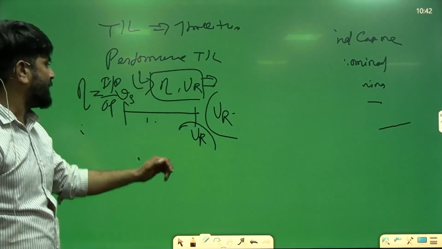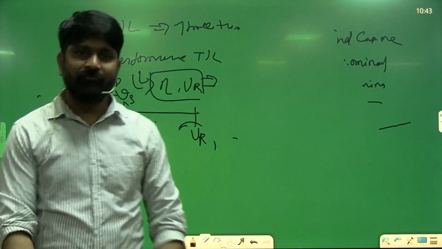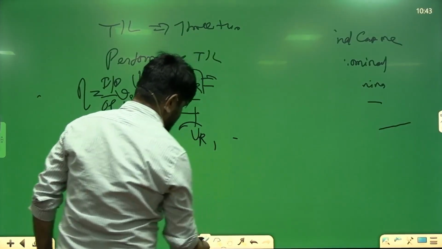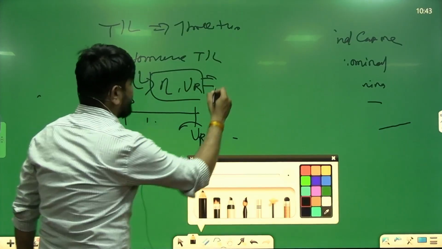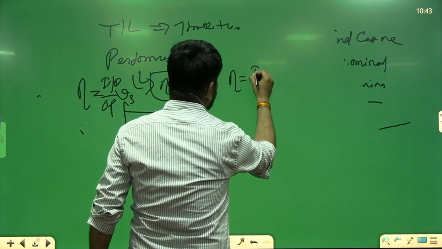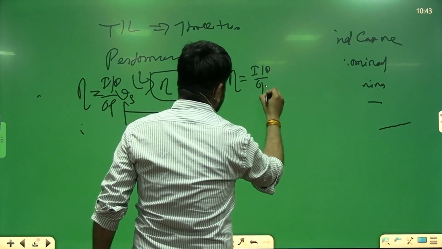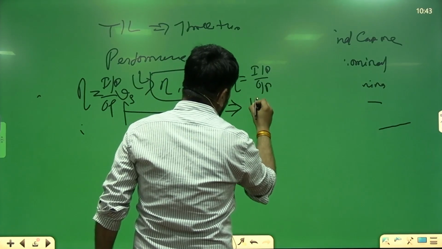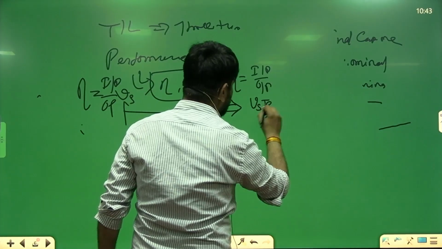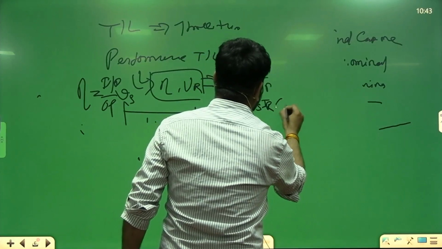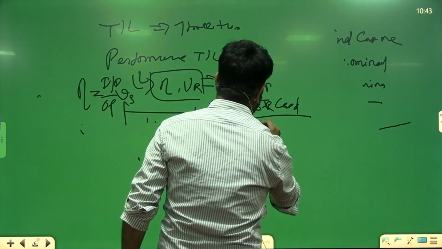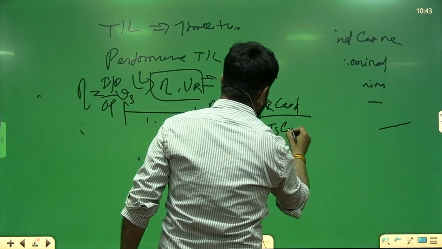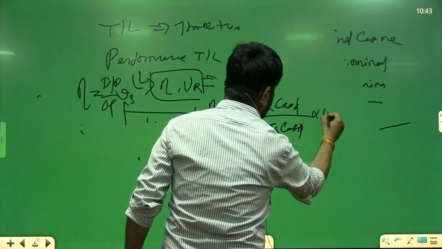What is that formula? Efficiency is equal to output by input, and we can say that efficiency is equal to Vr Ir cos phi divided by Vs Is cos phi into 100.